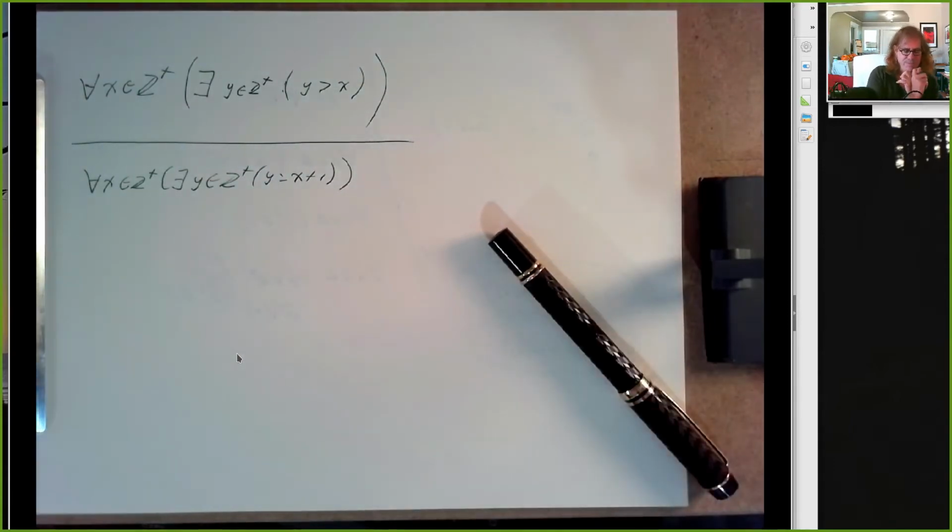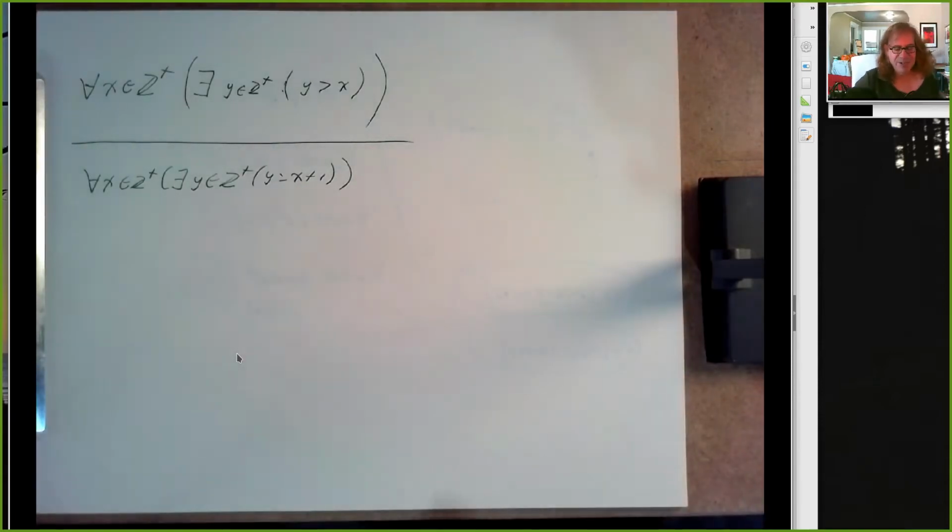Number one, there exists a y such that y equals x plus 1 is not the same thing as saying there exists a y which is bigger than x, unless you also somehow show that x plus 1 is bigger than x. And that's not a fundamental law of logic, right?